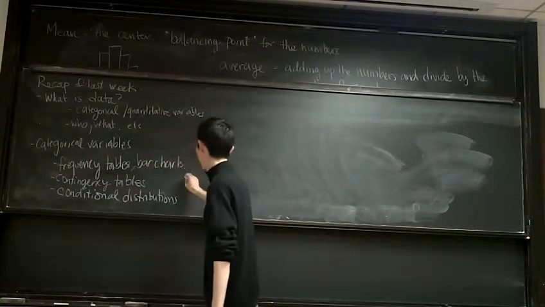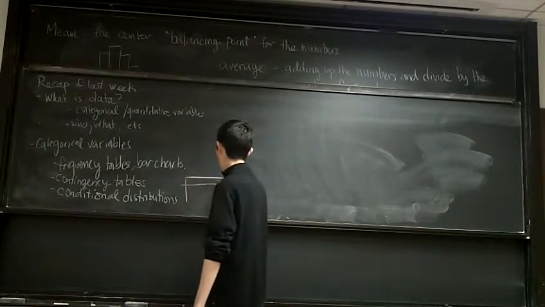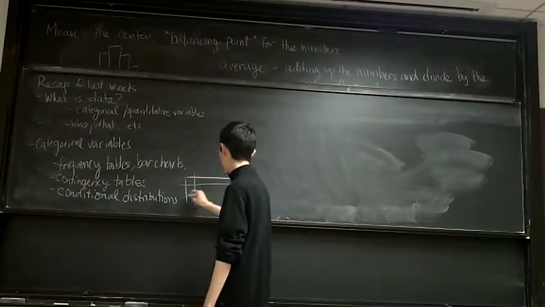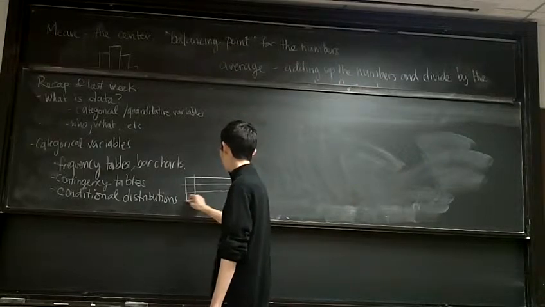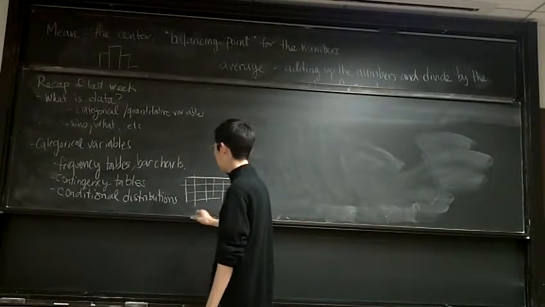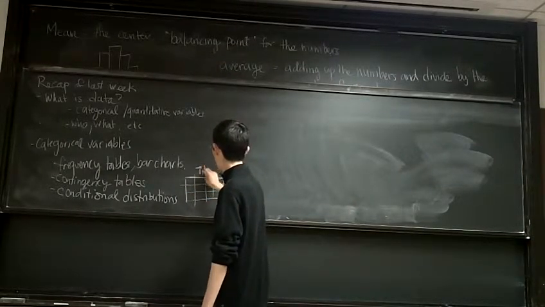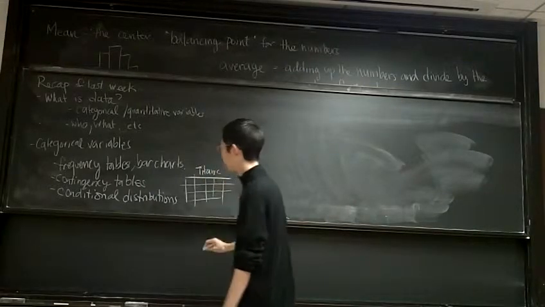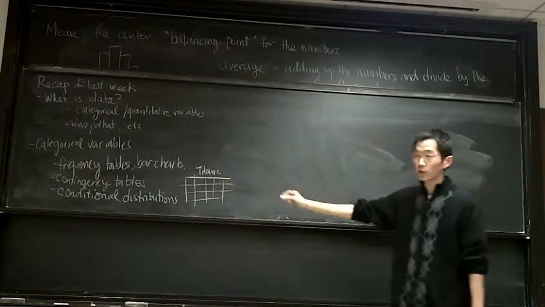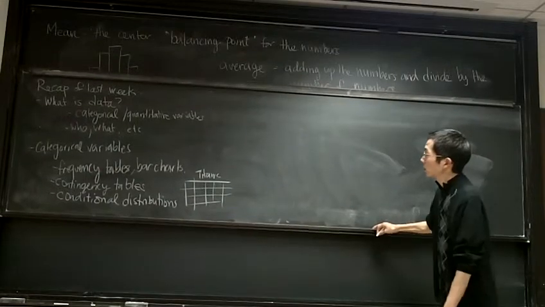These were the tables where we had two categories at the same time, or two variables at the same time. So this was like the Titanic data, etc. And all of this was categorical variables.